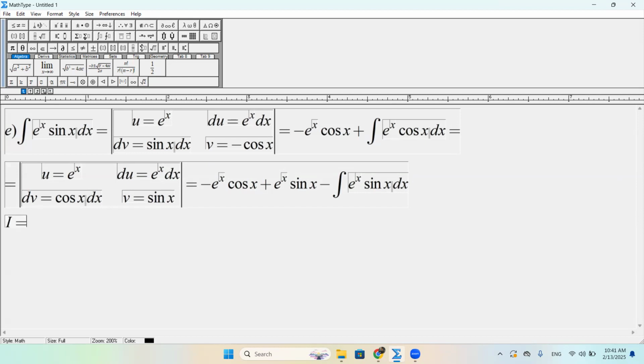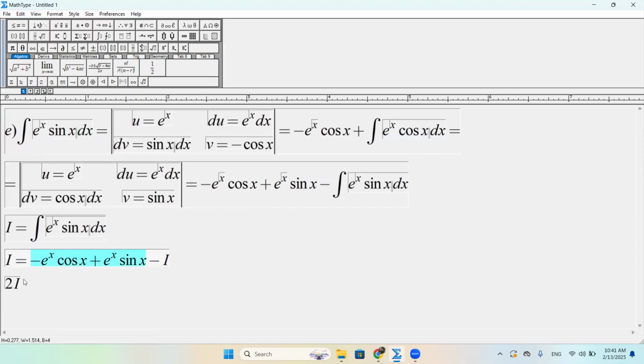Now, for easy understanding, we mark the integral as I, and we receive the following equation: I equals this minus I. We need to solve this equation with respect to I.